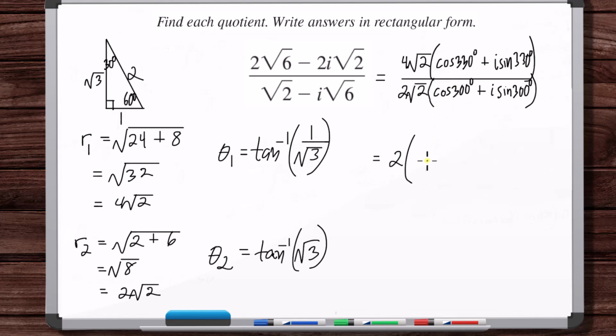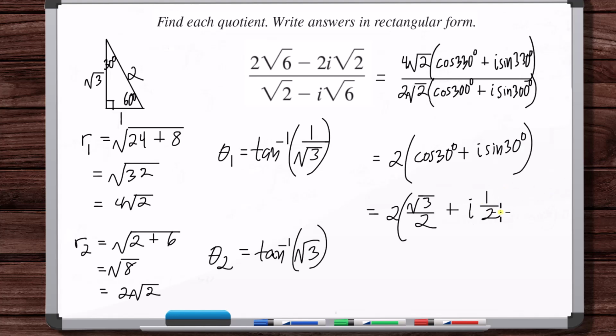And then 330 minus 300 is just 30. Cosine of 30 is root 3 over 2. Sine of 30 is 1 over 2. And there we go.